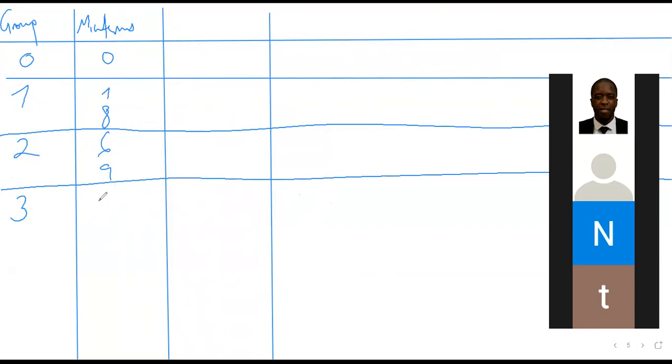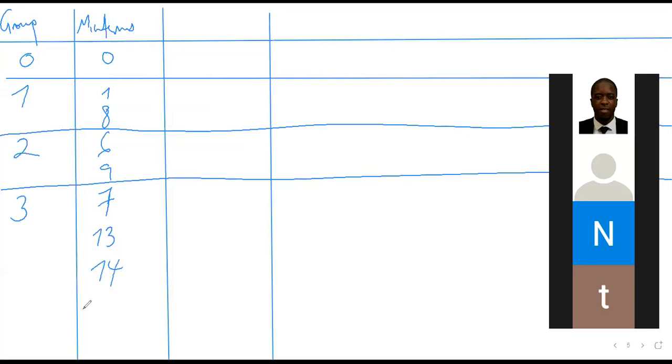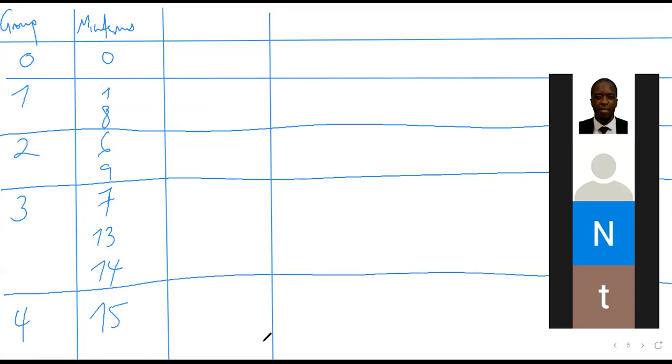We have a group of 3, which is 7, 13, 14. And lastly, a group of 4, which is 15. This is where you start with the tabular method.